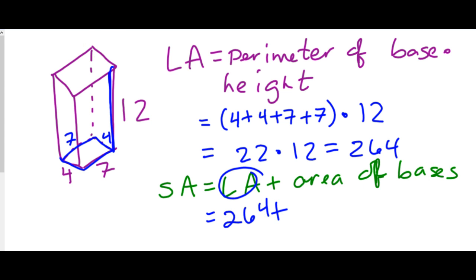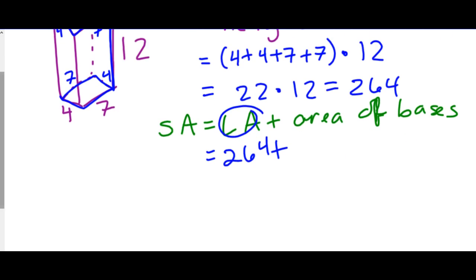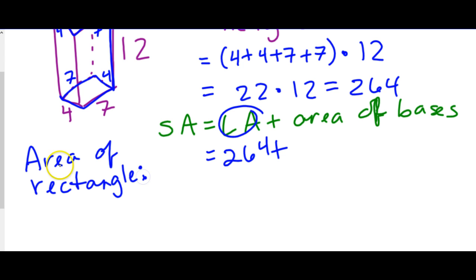Well, we have two bases, the top and the bottom. We know the sides are 4 and 7, and we know they're rectangles. So we need to know what's the area of a rectangle. The area of a rectangle is just base times height, or sometimes they'd use length times width. Doesn't matter which one you do.